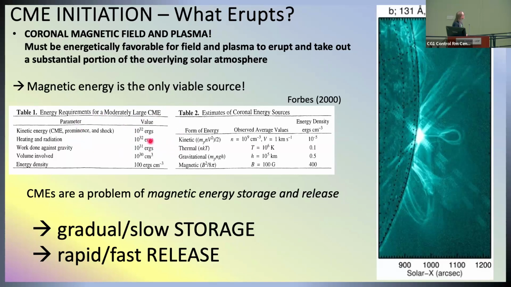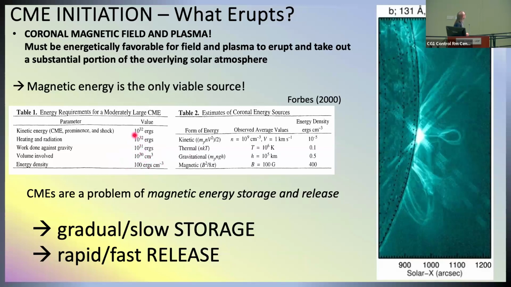You've got something like 10^32 ergs in radiation and plasma heating. That's the flare emission. You've got about 10^31 ergs in work against gravity, how much material you've erupted. And the volume of that material is basically solar radii cubed, about 10^30.